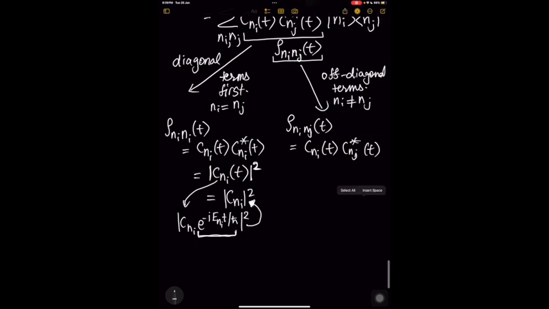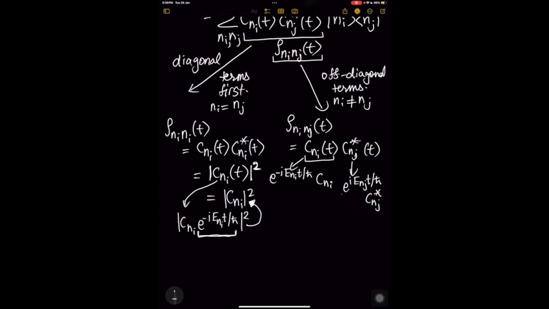So in this case, the time dependence will evolve as such: e raised to the power minus i E n i t upon h bar, c n i, and then this one would be e raised to the power positive i E n j t over h bar, c n j star, because it is the complex conjugate of this quantity.